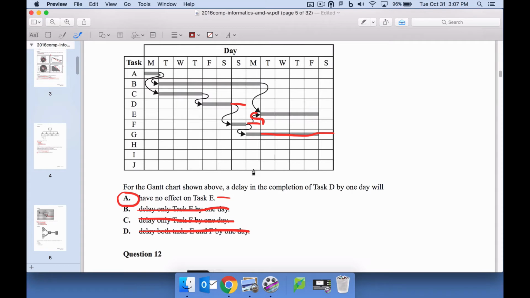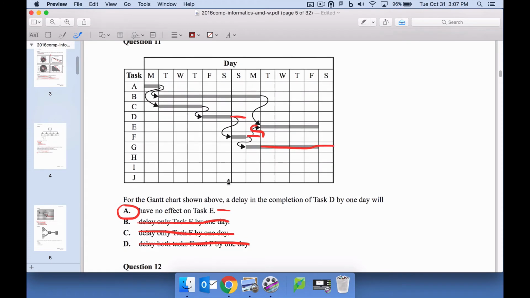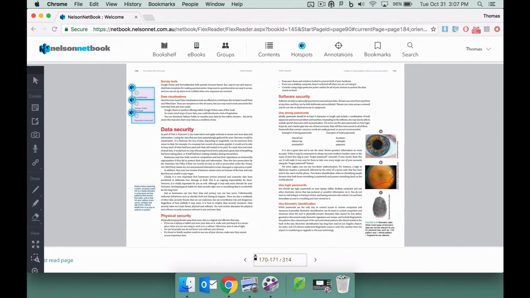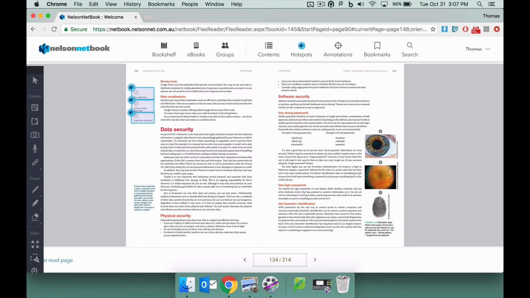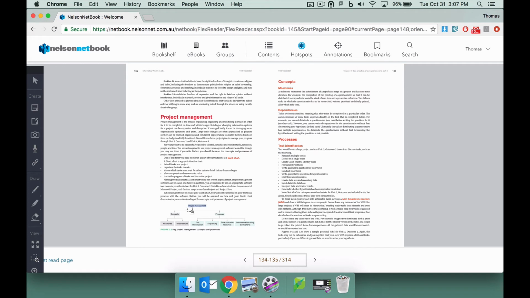We can find some more information on Gantt charts and project management for this question 11 on page 134 of our book. Project management, we have milestones and dependencies, processes, task identification, WBS, work breakdown structure is probably an acronym that you'll have to be familiar with.